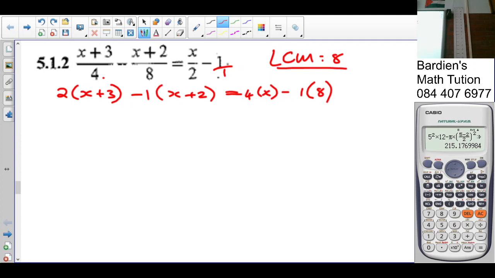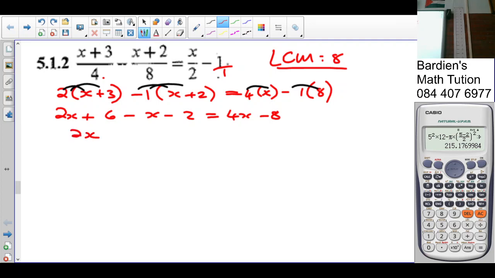Now what? Multiply, get rid of the brackets. So 2 times x plus, minus, equals minus 8. Okay? Now what? X is now on one side, now on the other side.